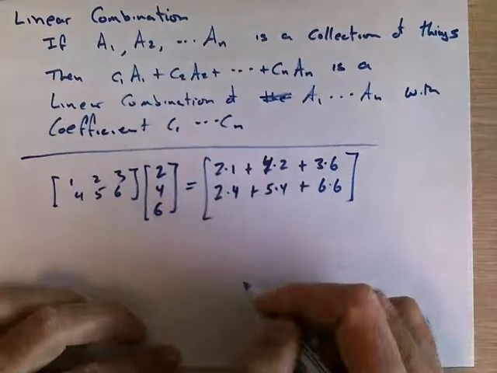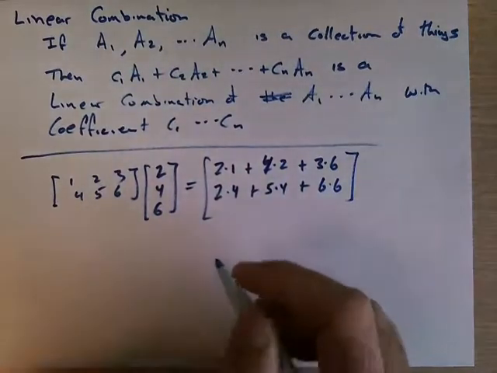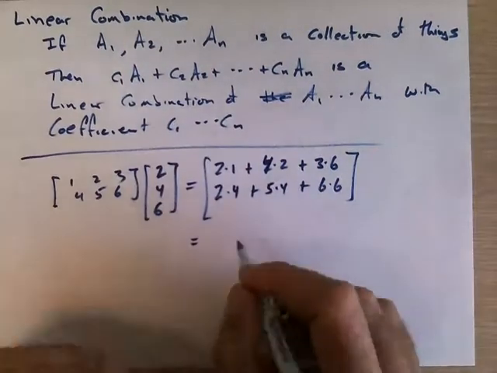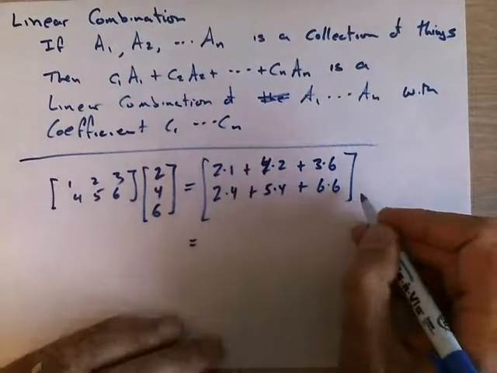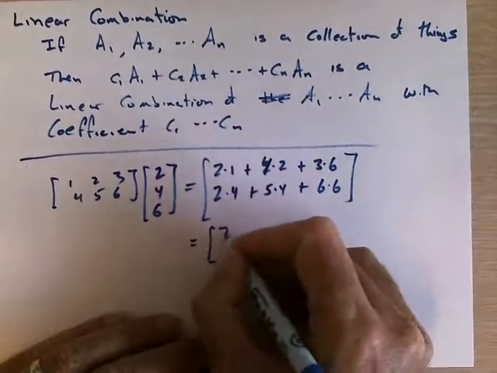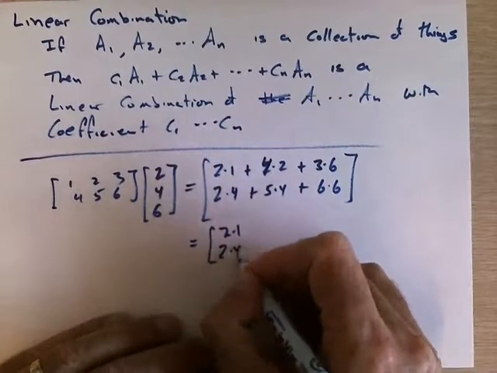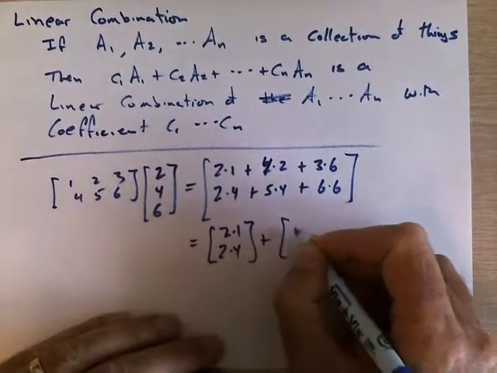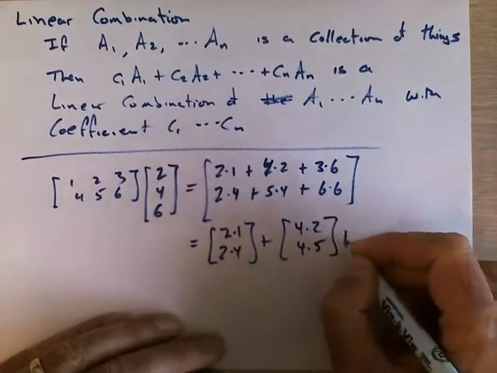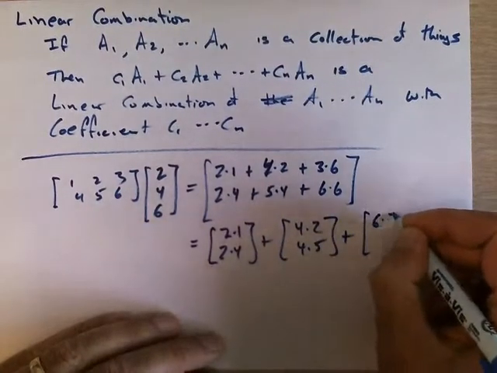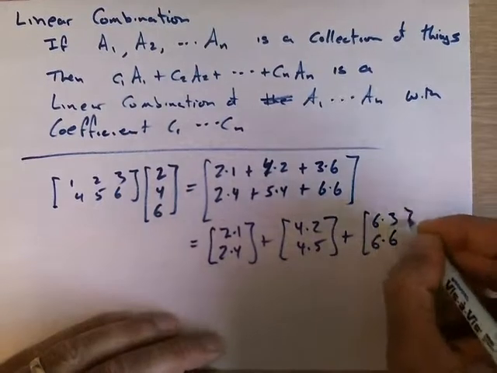It's that matrix, which I can think of as the sum of 3 matrices: 2 times 1, 2 times 4, plus 4 times 2, 4 times 5, plus 6 times 3, 6 times 6.